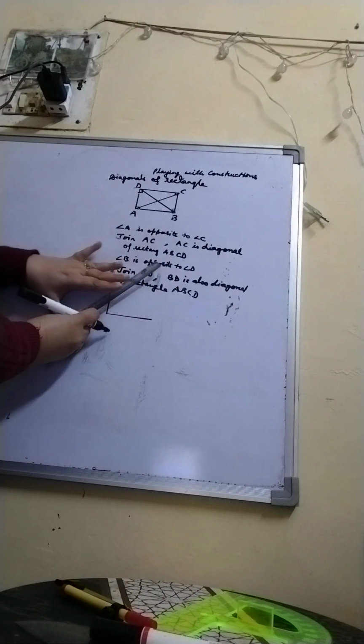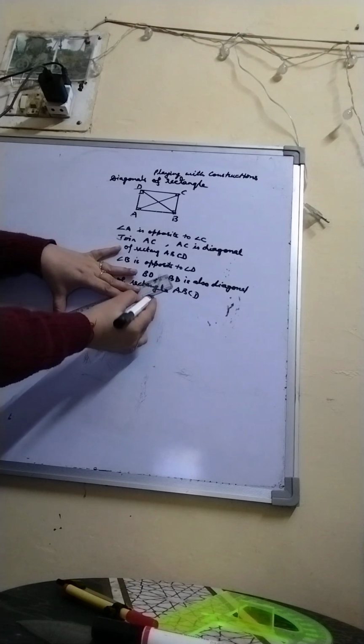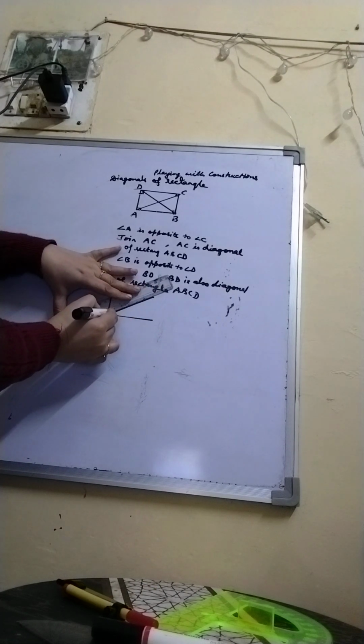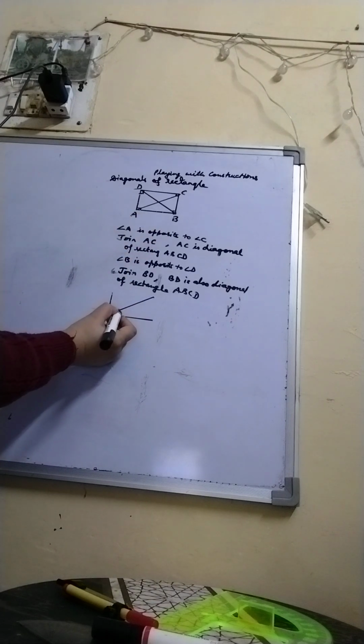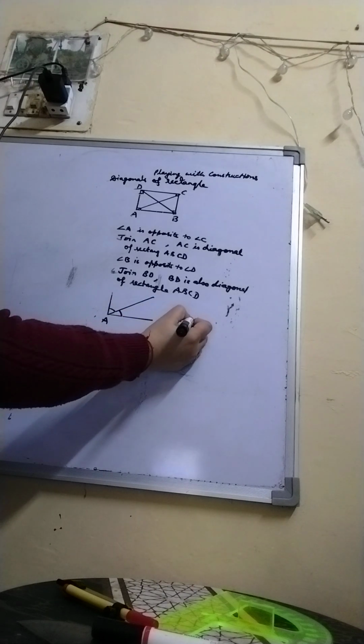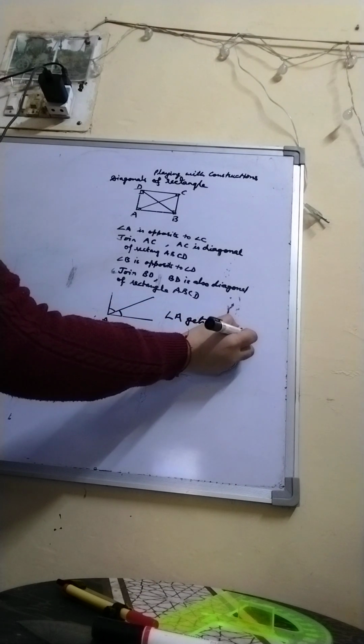Then here is the point C, and you are joining the diagonal like this. This diagonal is dividing the angle into two parts. This angle A gets divided into two parts.